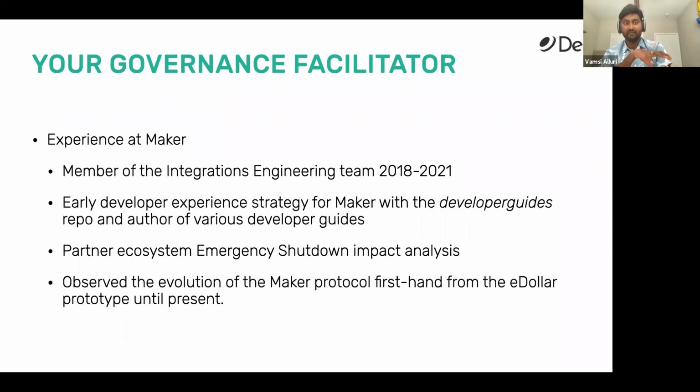It analyzes the impact and then it filters it down into a set of recommendations on how an integration can deal with the emergency shutdown in a safe manner.